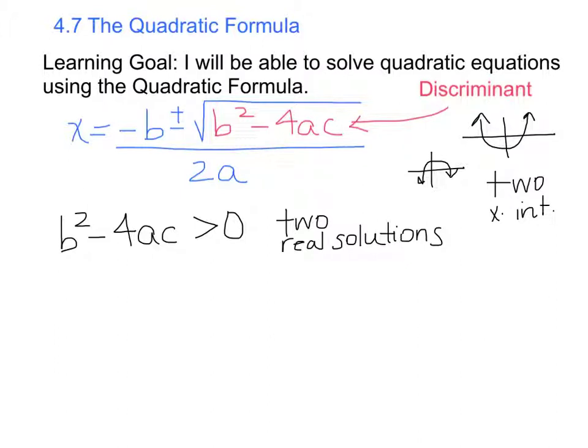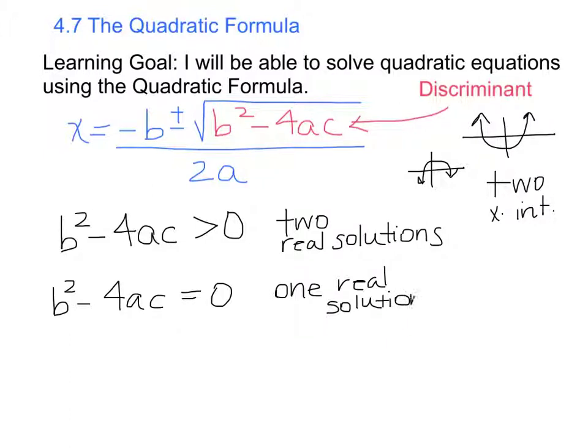Okay. If your discriminant is equal to 0, then it has one real solution and one x-intercept. That means it'll only touch your graph in one place.